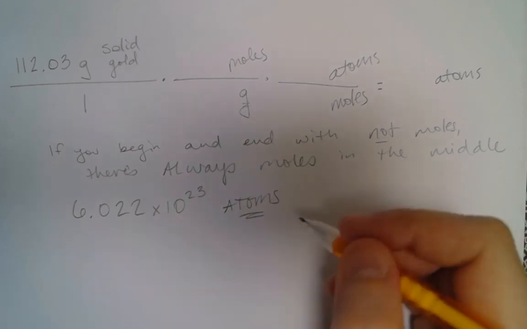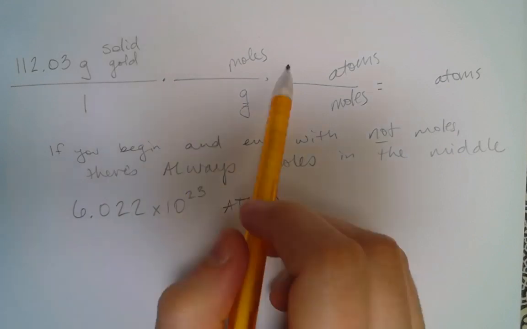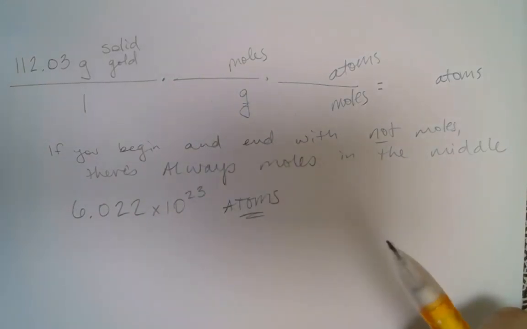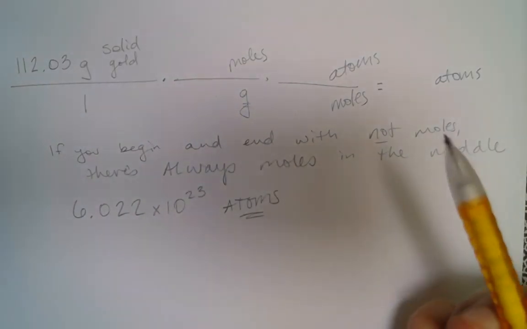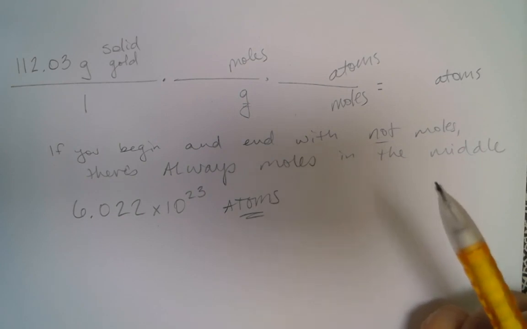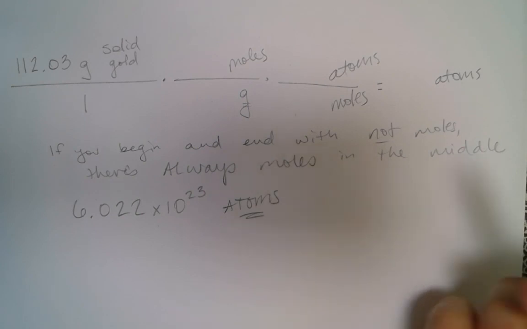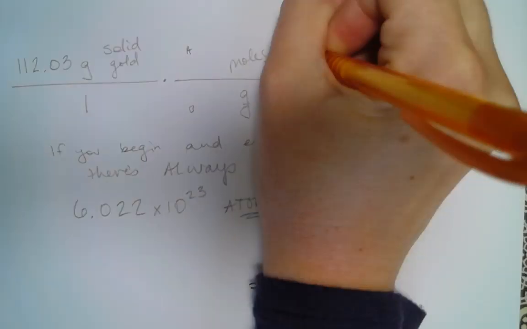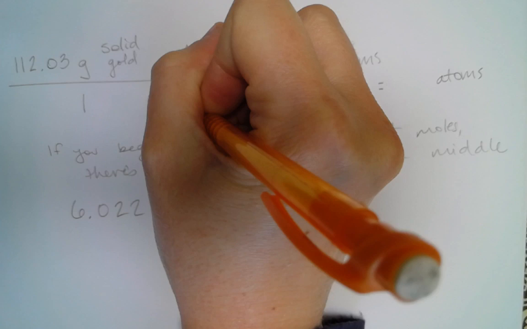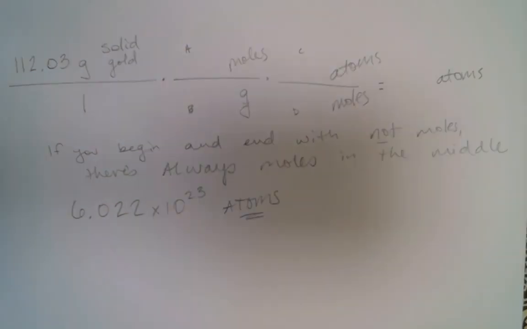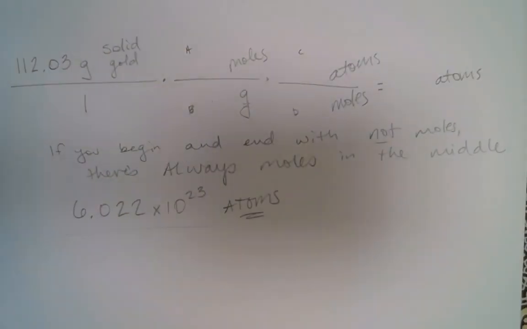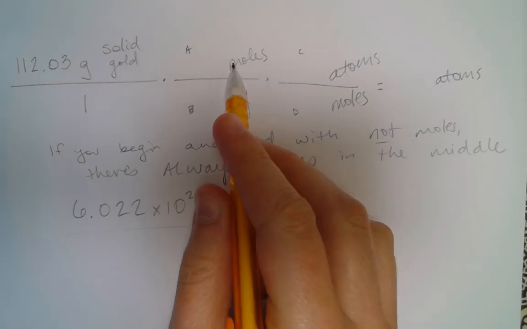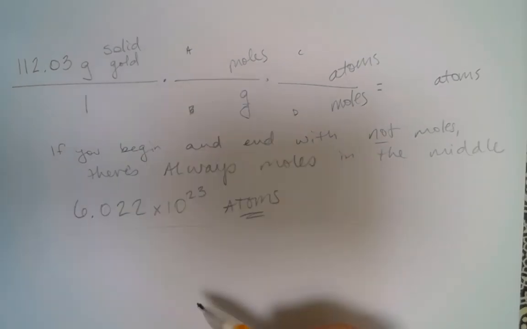And which of these spots is the atom spot? We could do this on a whiteboard together. Which of those spots gets that number? That's atoms. That's moles. Oh, I guess C gets the atoms number because it has atoms there. Exactly.